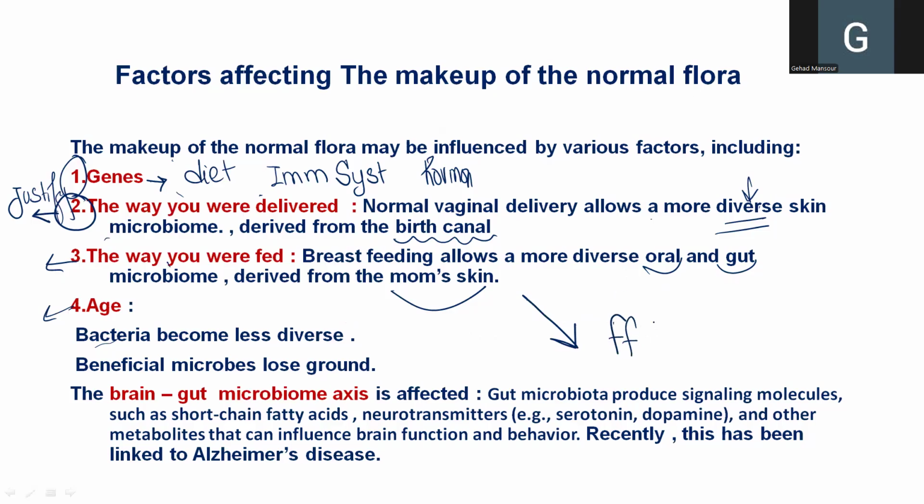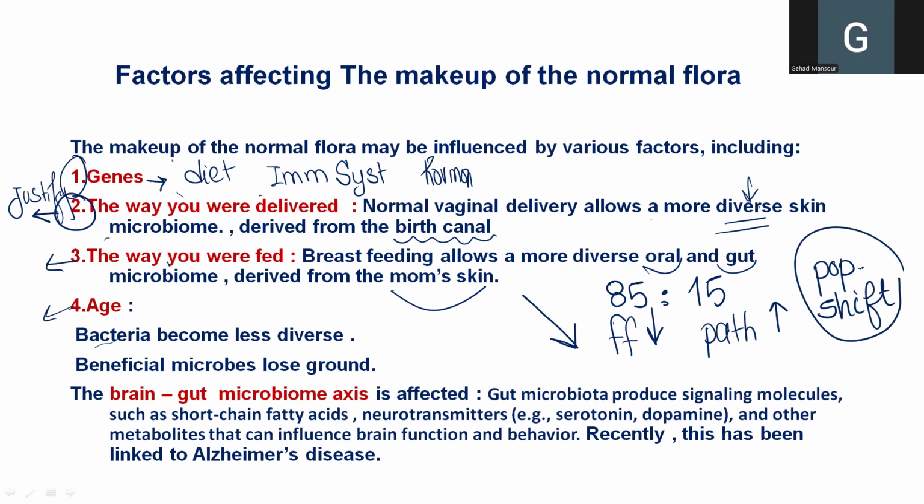So we find that the friendly flora diminish and the pathogens increase in number, and therefore there is a disturbance in the ratio 85 to 15, and this is what we call a population shift, or what we call dysbiosis.